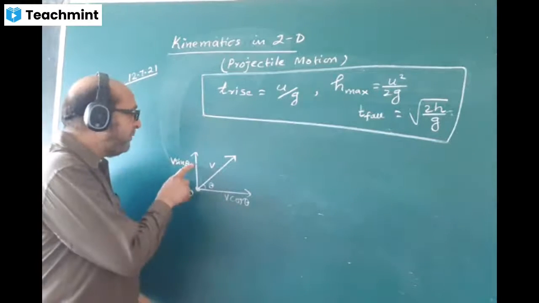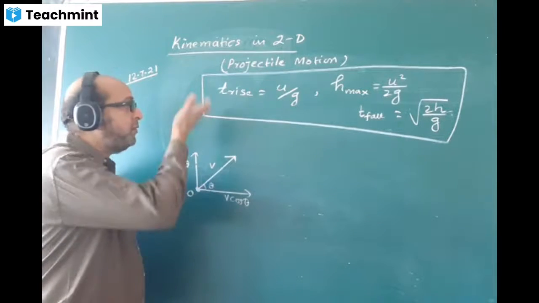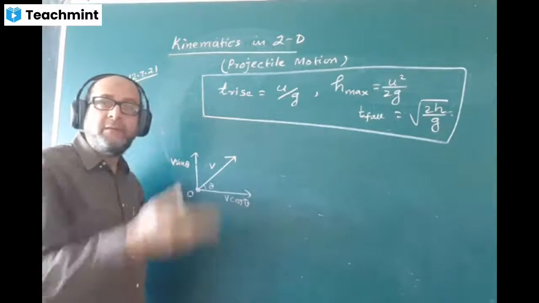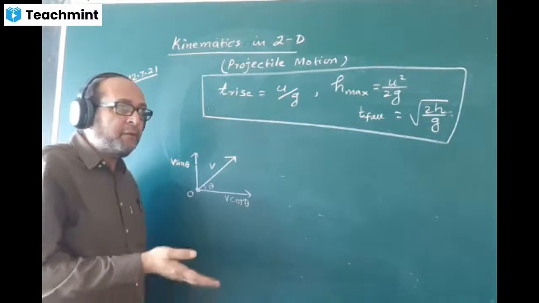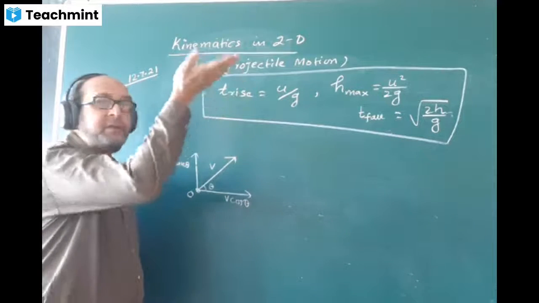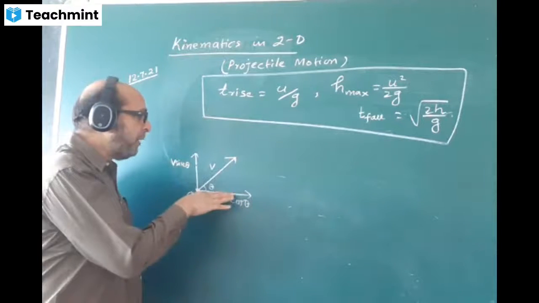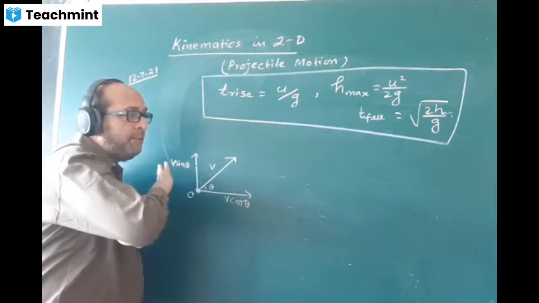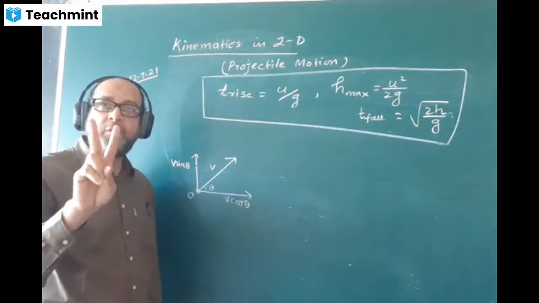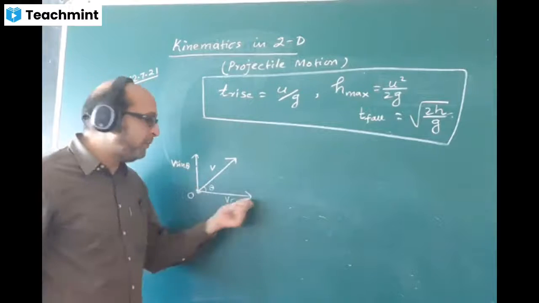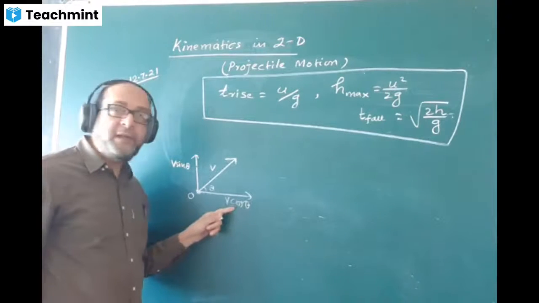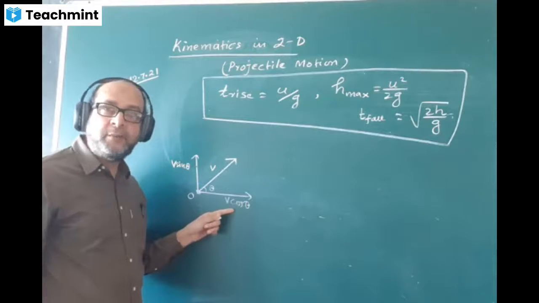This component will be responsible for the rise in the height of the body, for going up. This component is lifting the body up, and this component will make the body move in the horizontal direction. That means the body is going to have two motions, vertical motion and horizontal motion. The horizontal motion is constant motion.